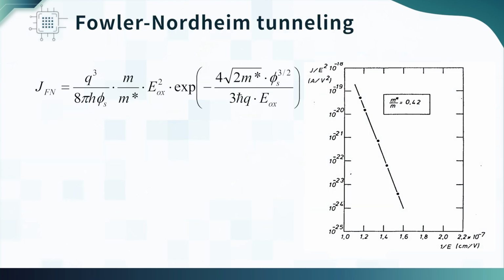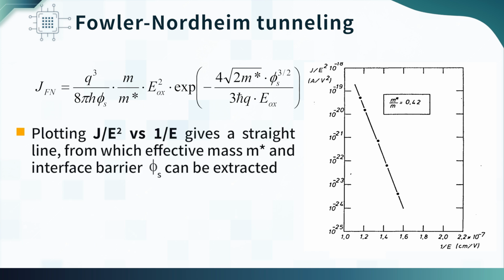So here is a typical equation for FN tunneling. And usually we plot as shown here. If we plot in this way and get a straight line, that indicates that this current conduction mechanism follows FN tunneling. And then we can also extrapolate the interface barrier phi-s here.